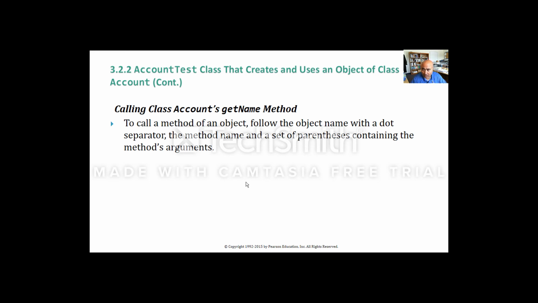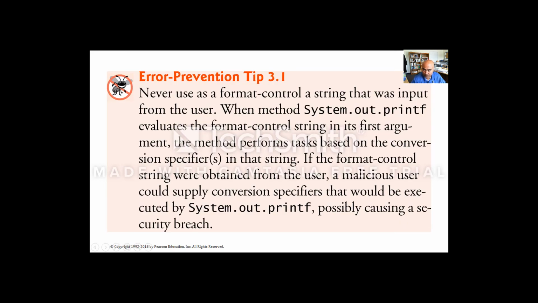If I create an object, then I would always use it with dot notation. When I had seen the object that I had created called myAccount, I would always associate any of the set or get methods with that object with that dot notation, and that is exactly what this is referring to.